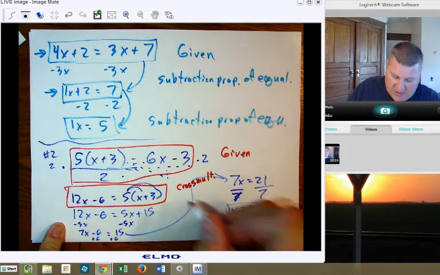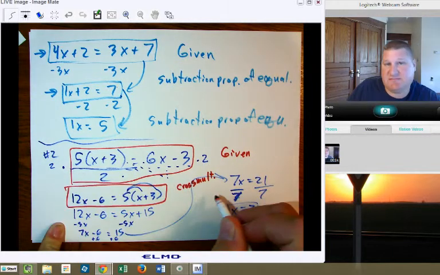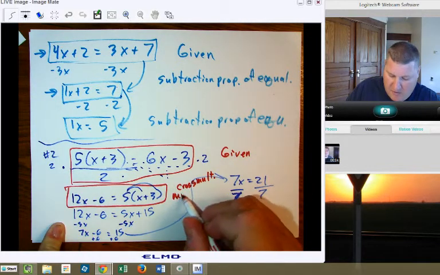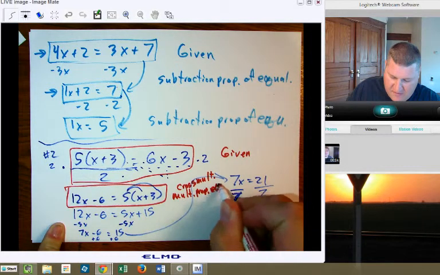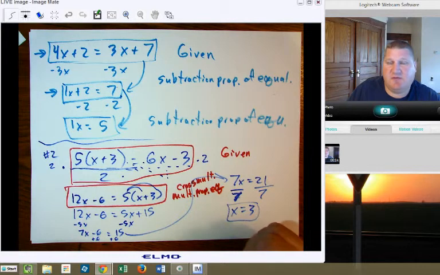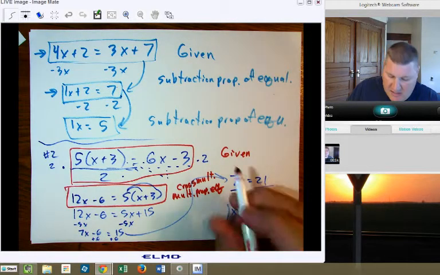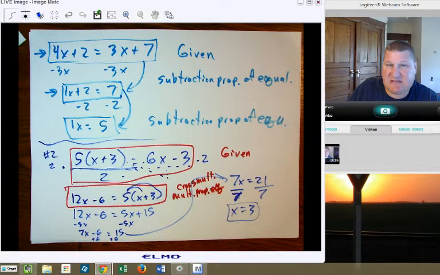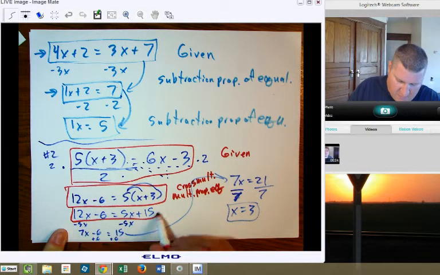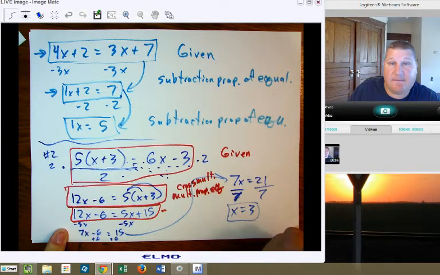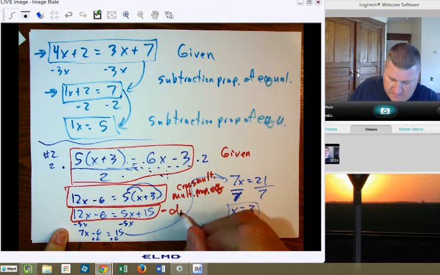But others of you say, no, I multiplied both sides by 2, and so it would be multiplication property of equality. Either one of those is 100% correct because, again, there's variety in how we solve these. In fact, you might even do this problem in a slightly different order than me, but that's okay. It doesn't really matter. Now, to move from here down to here, what did we do? I said it repeatedly. We distributed.